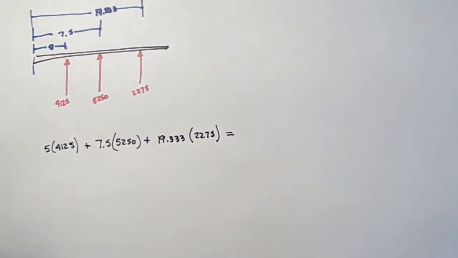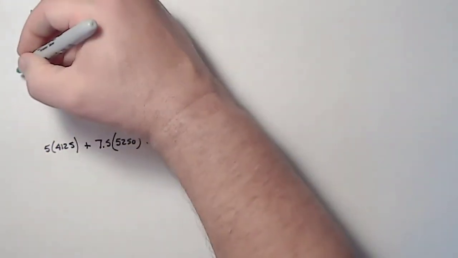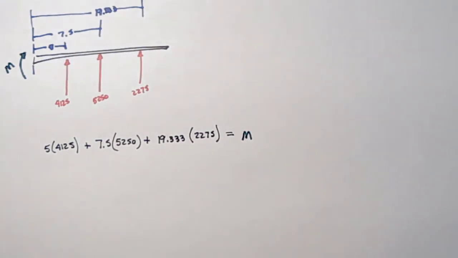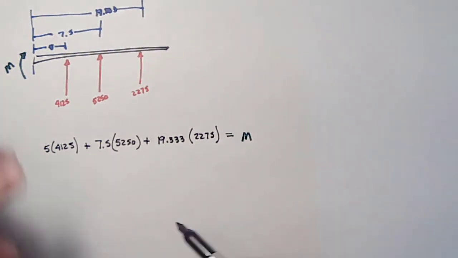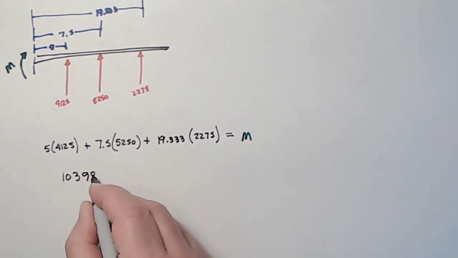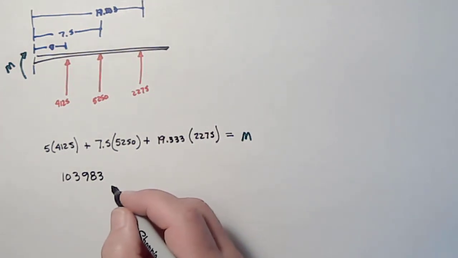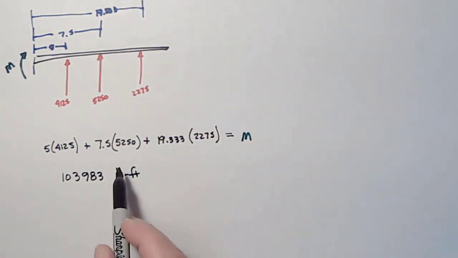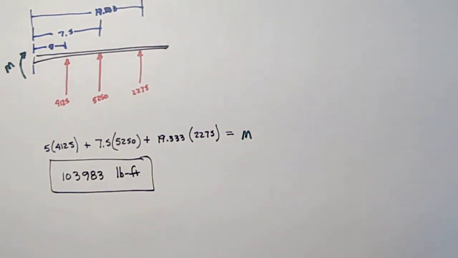And those are opposed by my M, my total moment. Punch these into a calculator. Add them all up. 103,983 pound-feet. And that is our final answer.